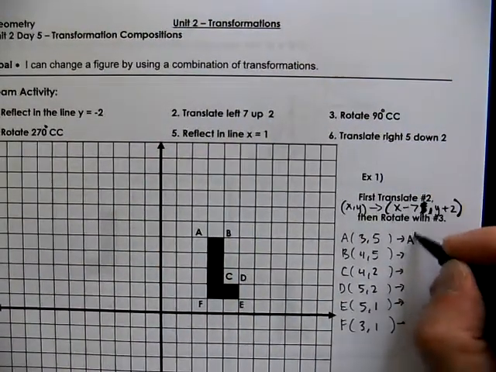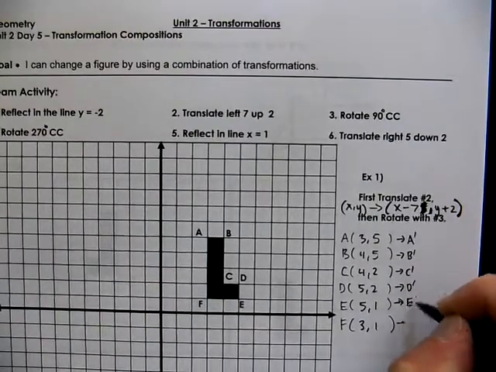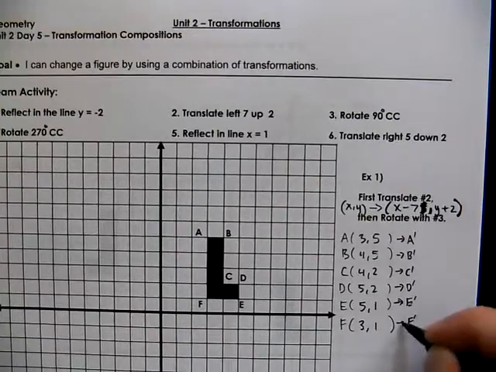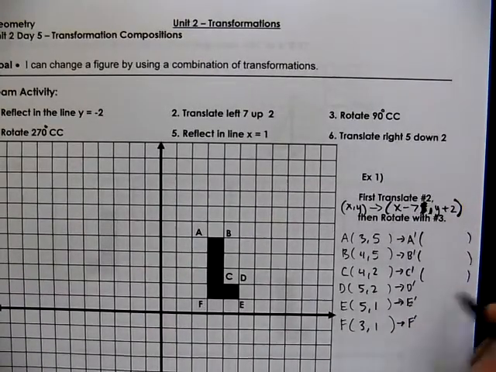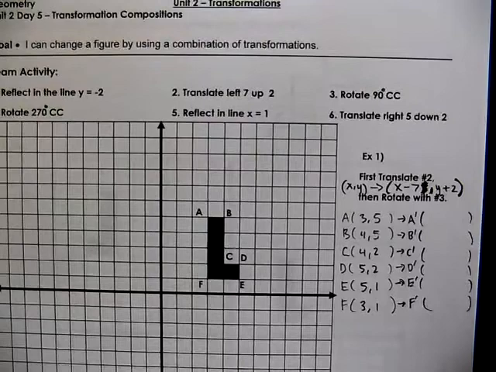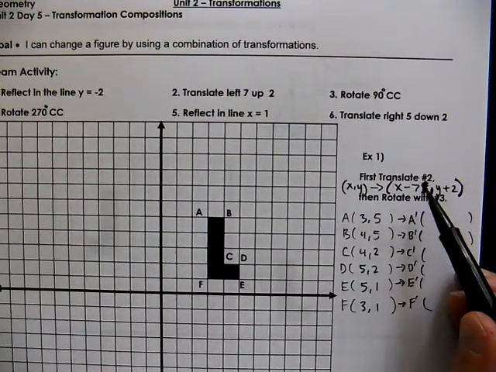Alright, so there's our close of the parenthesis. So to create A prime, B prime, C prime, D prime, E prime, and F prime, I need to follow that rule. So just setting up my table here. I like to do one at a time. So let's take each x-coordinate and subtract 7.